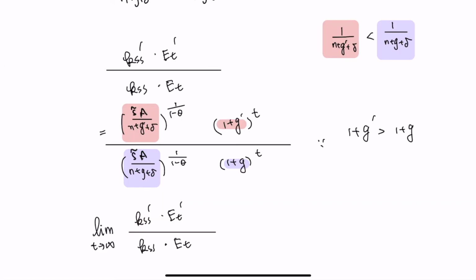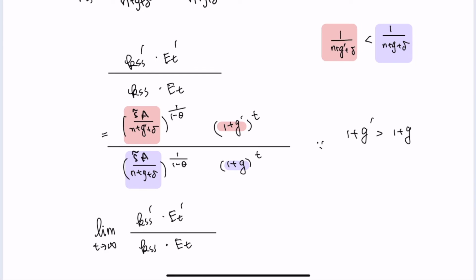Even though the term 1 over n plus g plus delta is smaller under the higher g, when we are looking at the steady state, we are talking about the result in the long run. So when t goes to infinity, given that 1 plus g prime is greater than 1 plus g, this value will go to infinity.